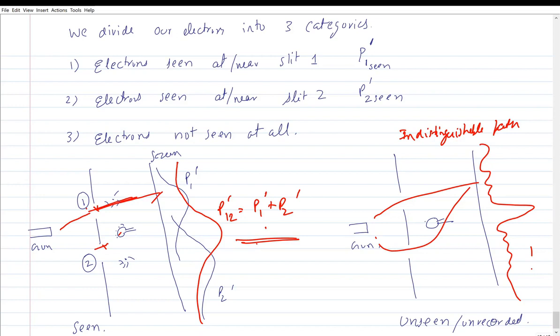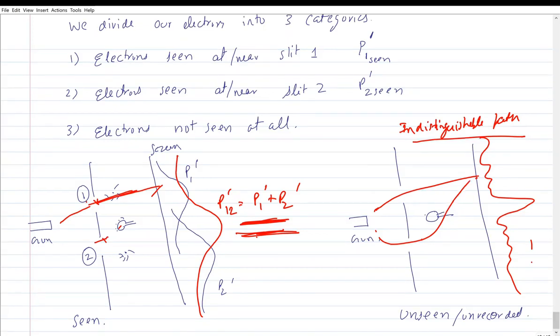So one might say that the process of seeing ends up disturbing the electrons and makes the paths of the electrons distinguishable, and then I need to add probabilities. For the electrons that escape getting observed, I recover the interference pattern. So these were the unseen electrons. These were the seen electrons.